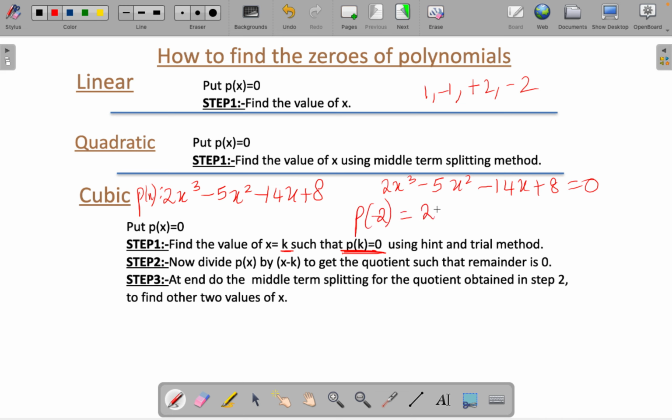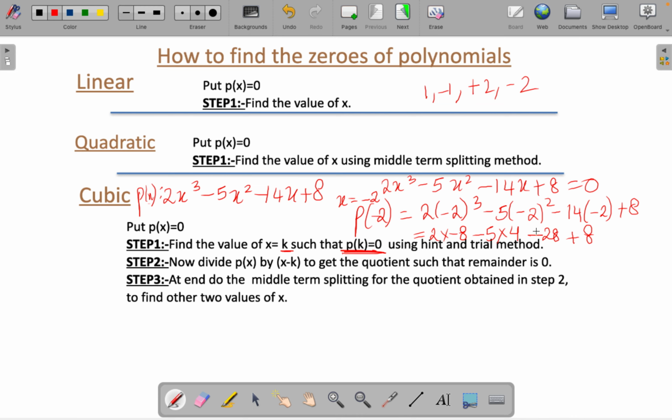So let's take 2 into minus 2 का cube minus 5 into minus 2 का square minus 14 into minus 2 plus 8. चेक करते हैं क्या आएगा. मैंने x की जगह पे क्या पुट किया बेटा? minus 2 पुट किया. So this is 2 into minus 8 minus 5 into negative का square positive होता है 4. This is minus 28, right? This is plus 8. Let's just do the calculations.